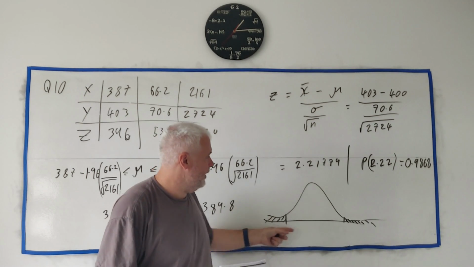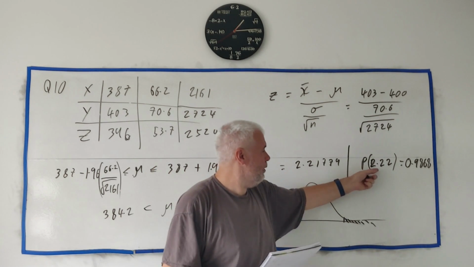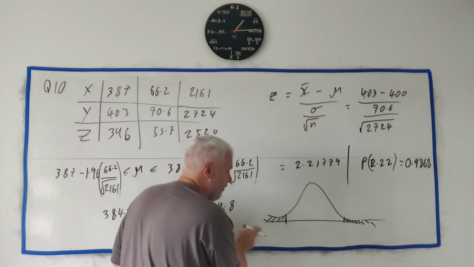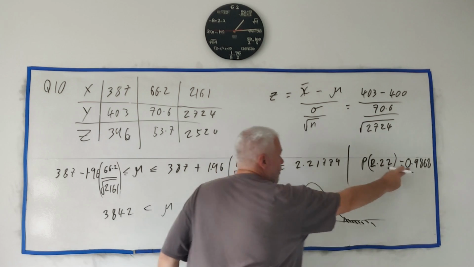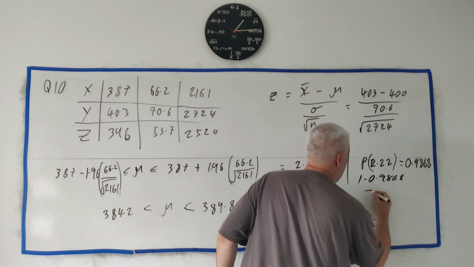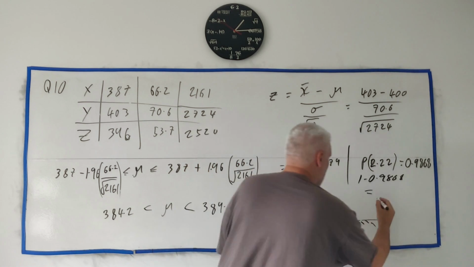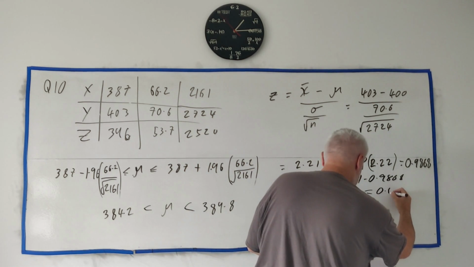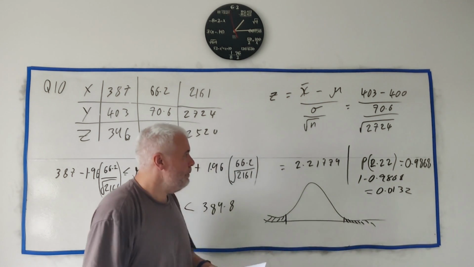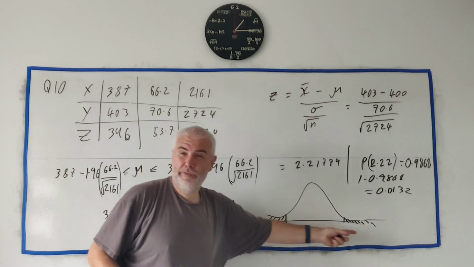So the probability of this added up, we put in the number, we get 98.68. That's the area to the left of here, all the way down. So we need 1 minus this, 1 minus 0.9868. That's equal to 0.0132. That's this area. But then we need to multiply that by 2 to get both of these areas.